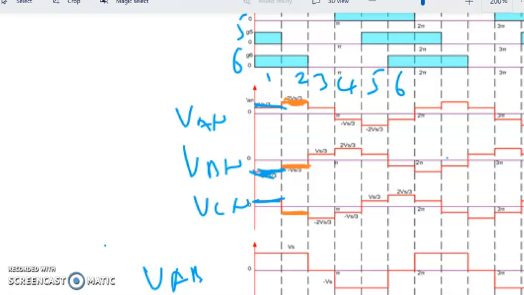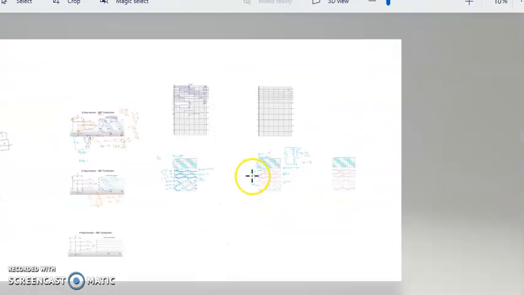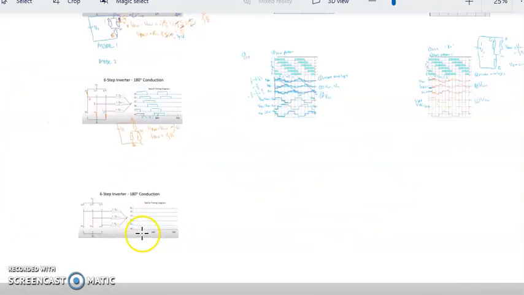Next we go to mode number 3. For mode number 3, the corresponding switch is 1, 2 and 3.